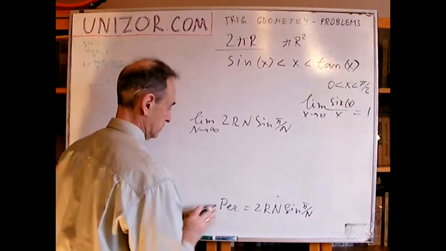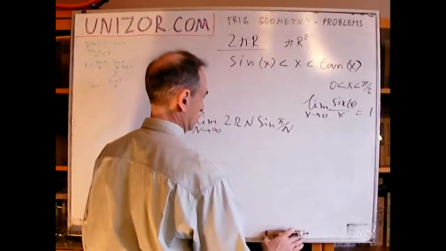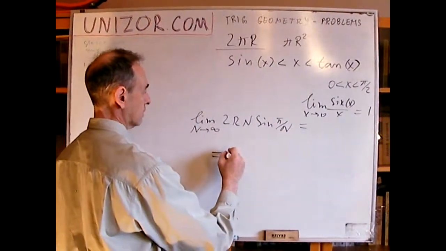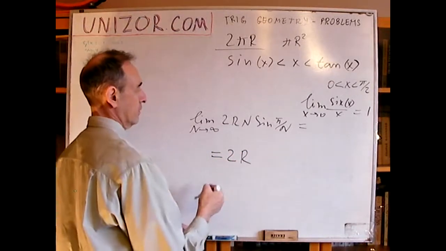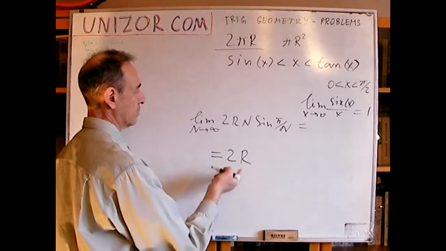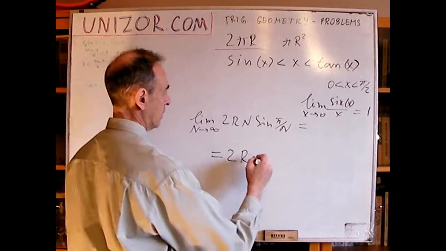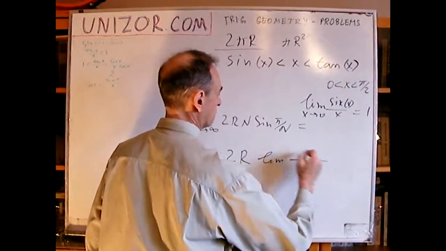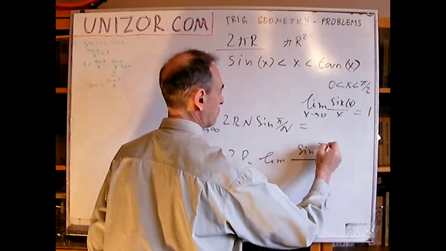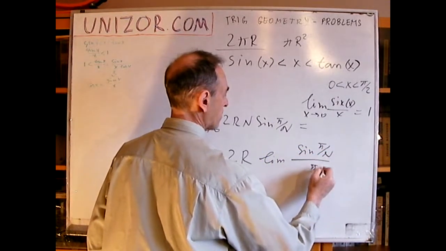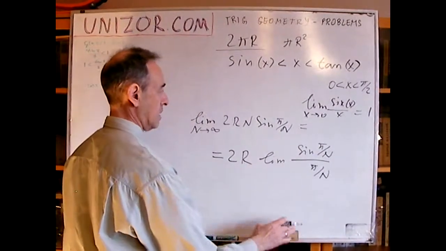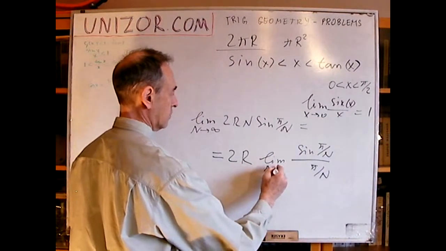Well, we can say it slightly differently. 2r, that's the multiplier, and the limit doesn't really depend on it. Then the limit. Then I will have sine of pi over n divided by pi over n, now, as n goes to infinity.